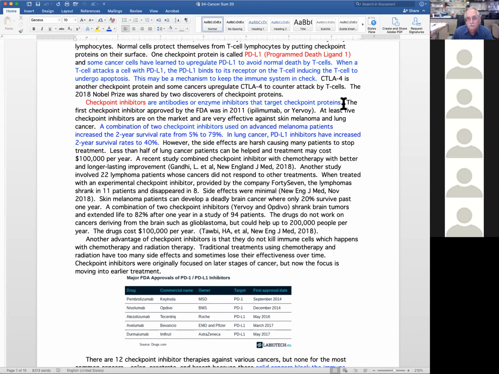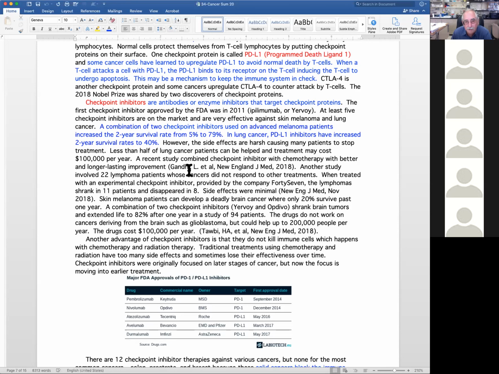So we have at least 5 checkpoint inhibitors, which are antibodies for the most part. A combination of 2 of them used on advanced melanoma patients increased the 2-year survival rate by significant amounts. Same with lung cancer. But there's harsh side effects.